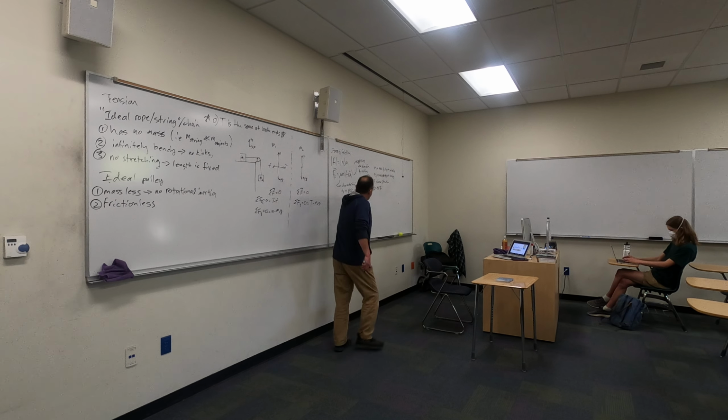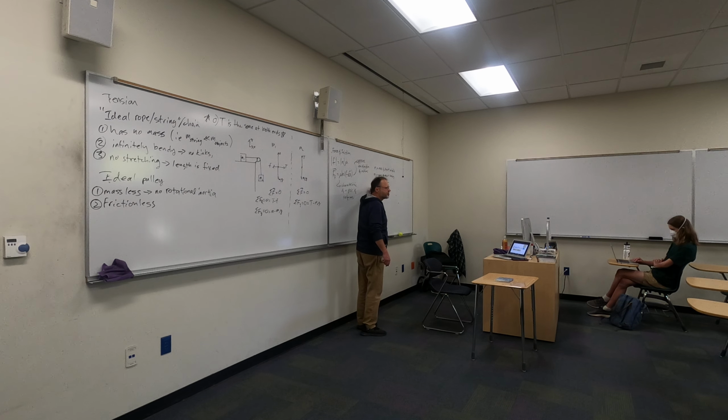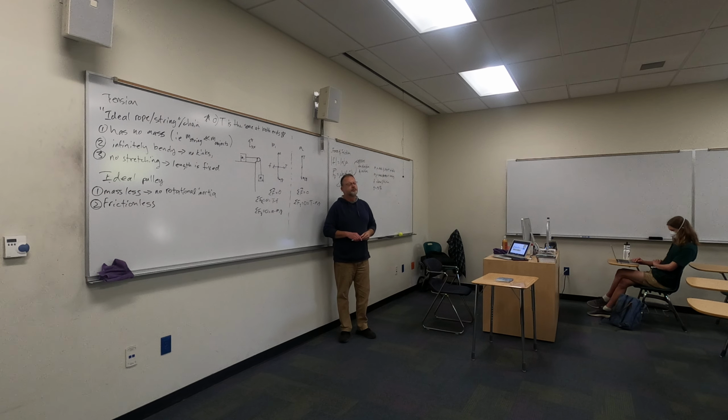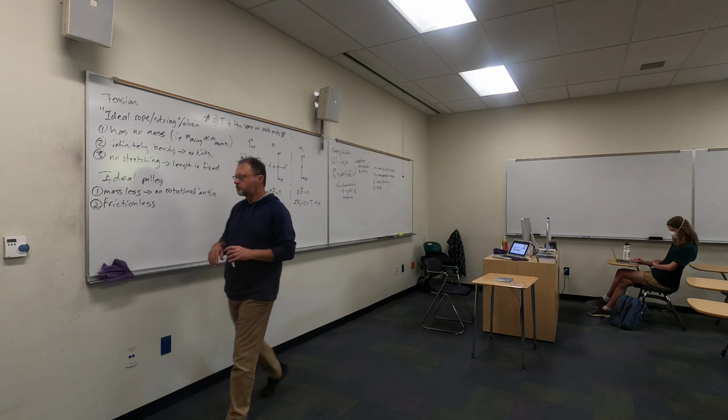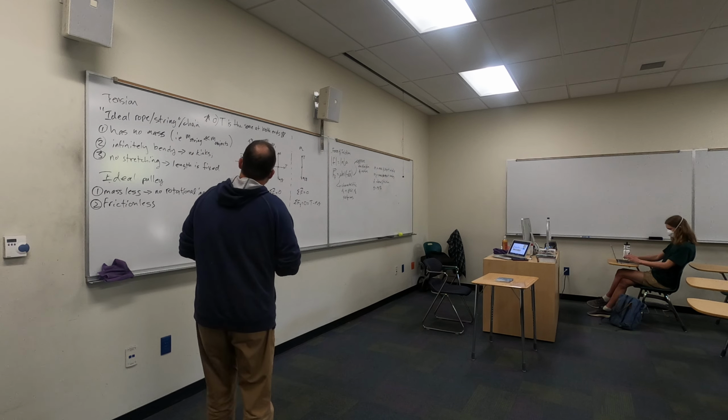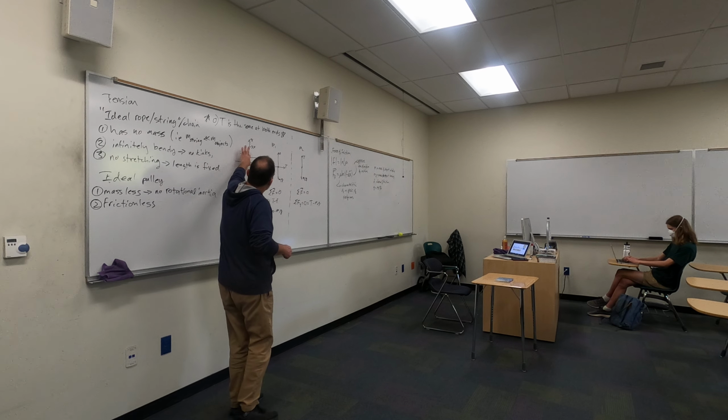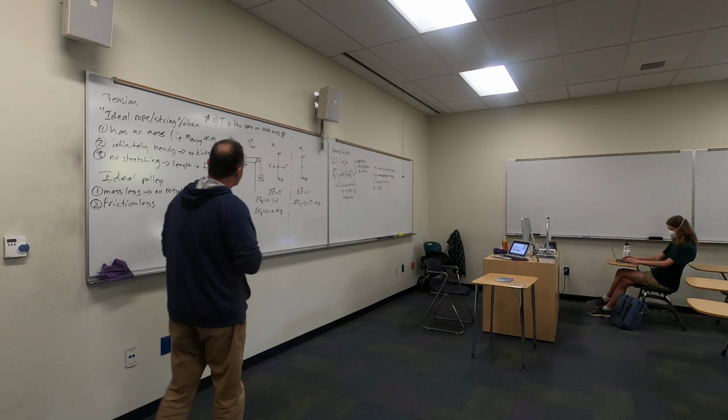So this is, first of all, a good idea to help you keep your stuff organized. And B, if you ever go into engineering or science, it will become a habit of identifying the things that are in your problem. Okay. So we've got an ideal string, an ideal frictionless pulley.